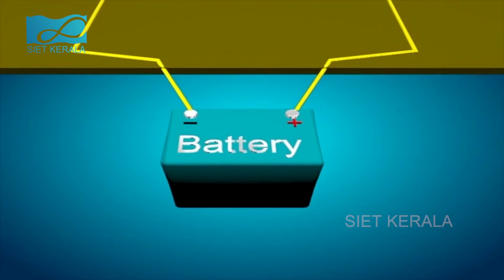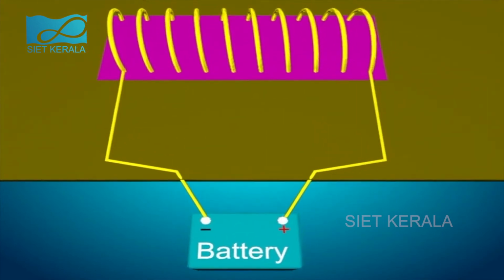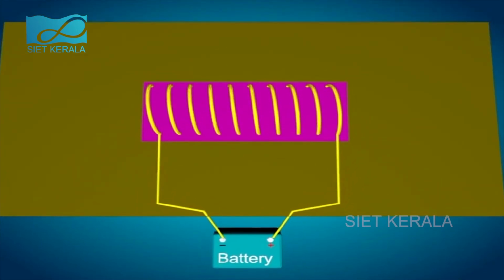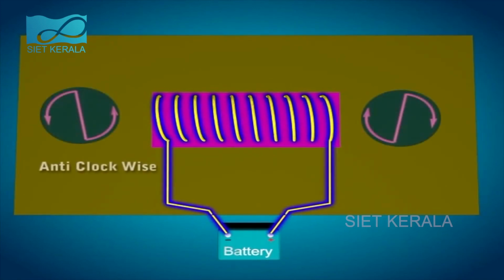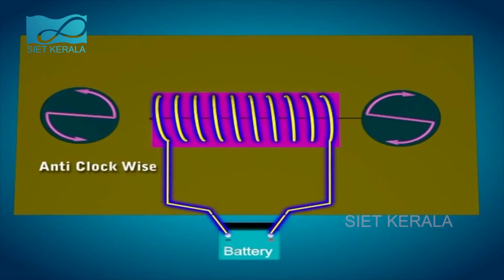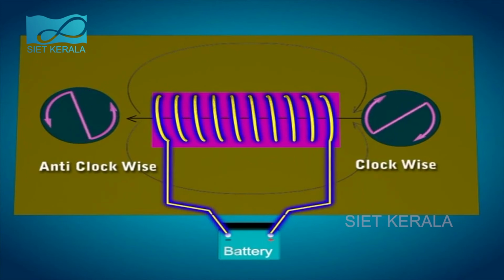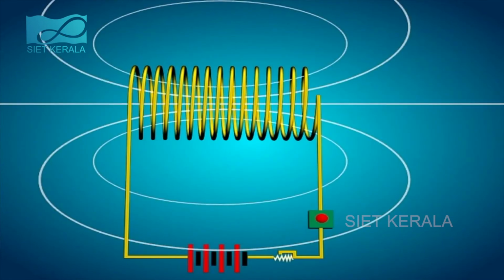The flow of current through a solenoid is from the positive terminal of the battery to the negative terminal. The direction of the current through the solenoid can be compared to the motion of the hands of a clock. If the current that enters the solenoid from the wire connected to the positive terminal of the battery is similar to the motion of the hands of a clock, it is in the clockwise direction.